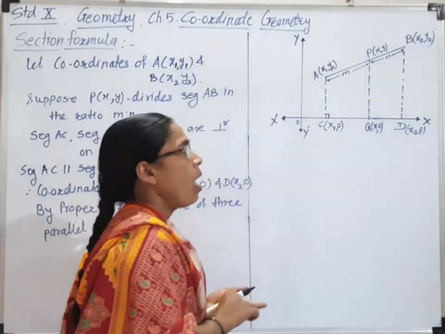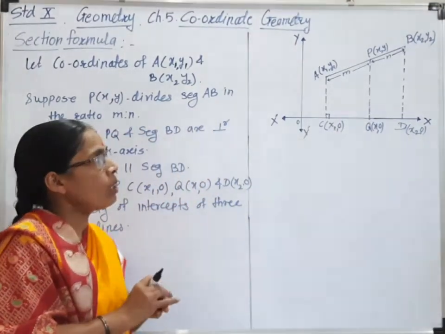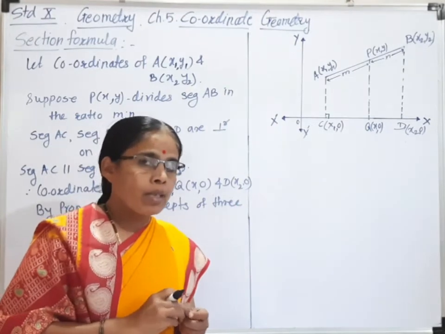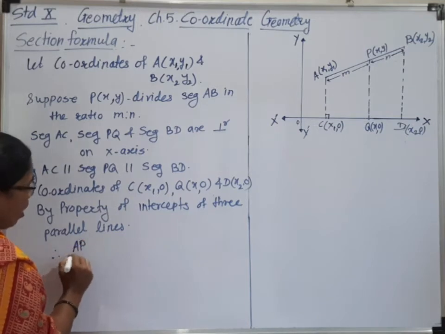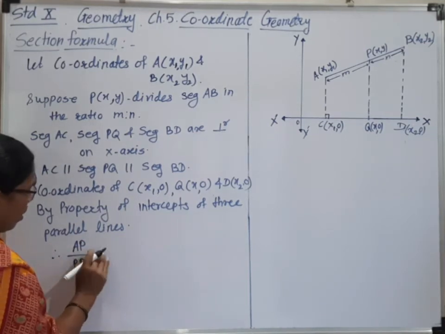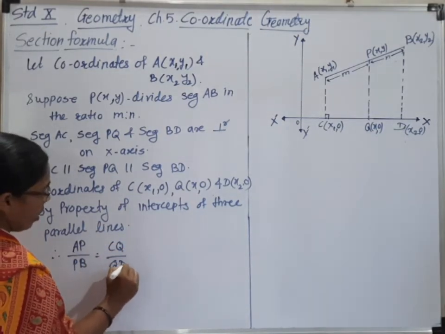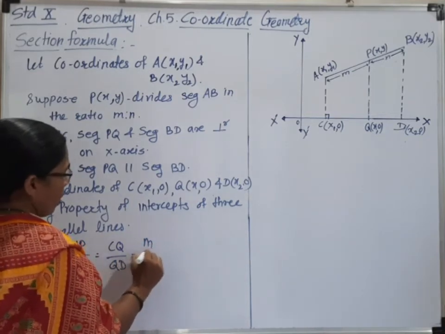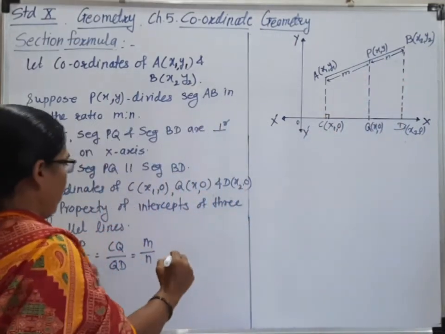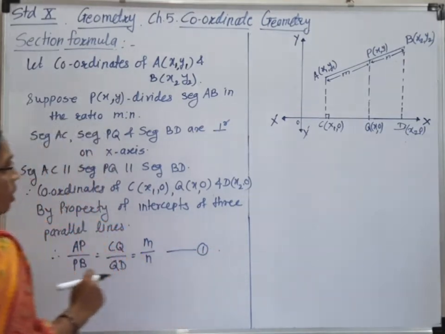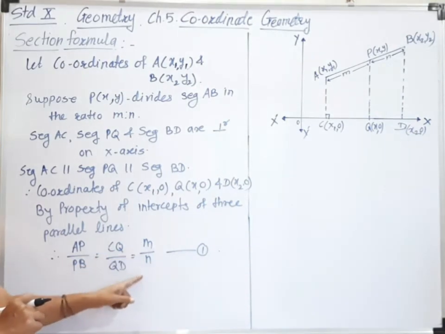Means we can write AP upon PB is equal to CQ upon QD, and it is equal to M upon N, because AP upon PB is equal to M upon N. This is 1.